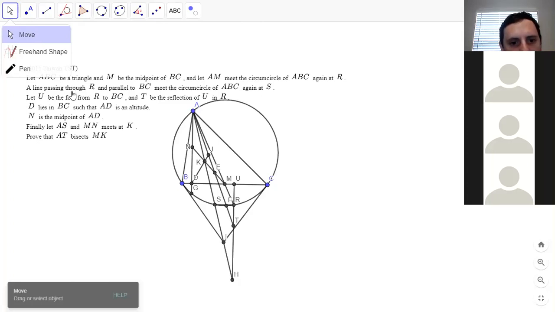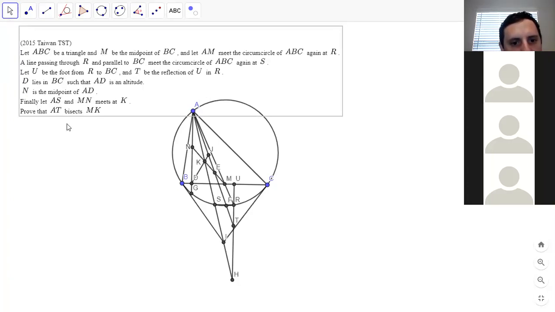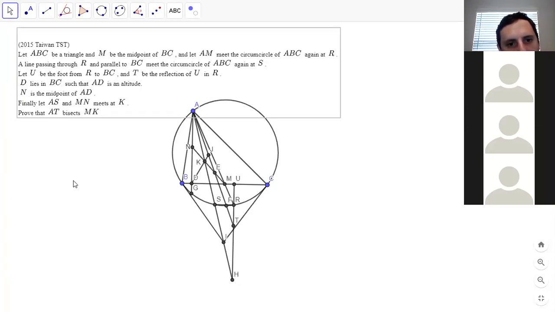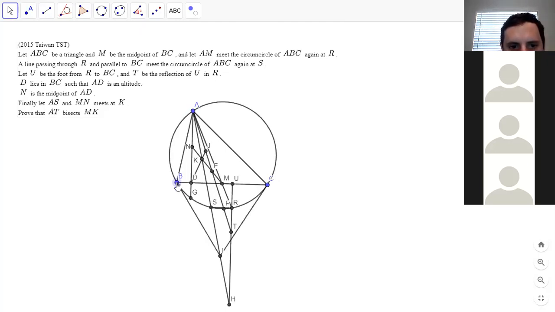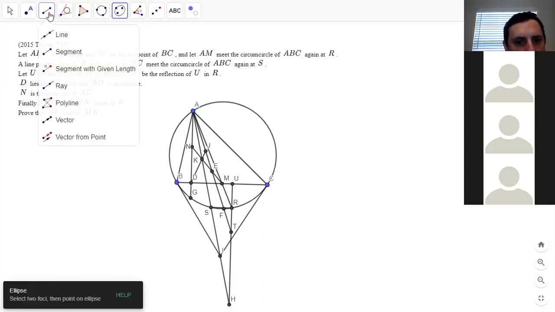Okay, so if we could show JU is parallel to MN, that solves the problem. Is I the midpoint of HS? That almost looks like it's the case.